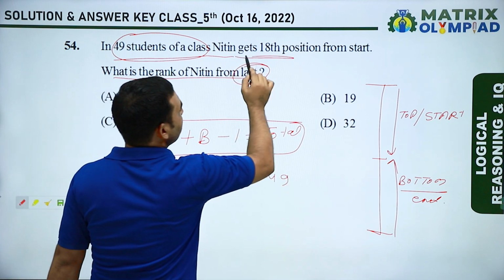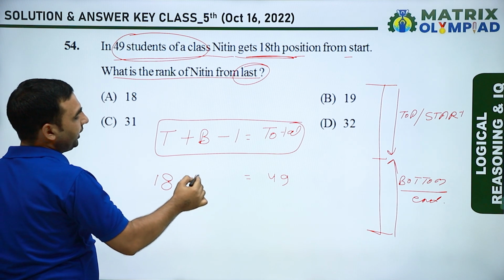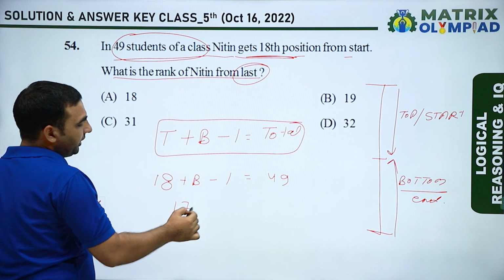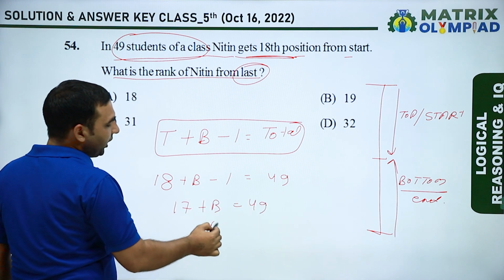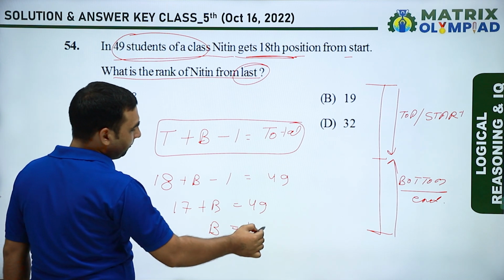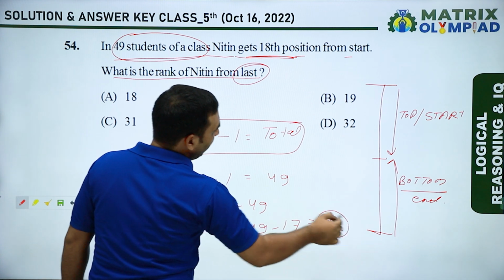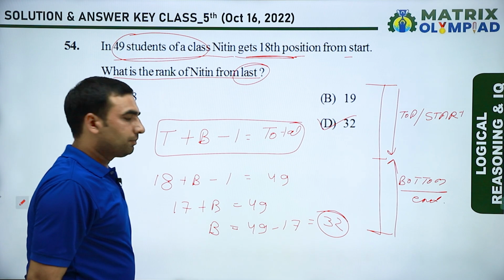Nitin gets 18th position from start, that is, top. Top plus bottom minus 1 is equal to total. 18 minus 1 is equal to 17, plus bottom equal 49. If we find the value of bottom, then we say 49 minus 17 is equal to 32. Our answer is 32nd. Option D is the correct answer.